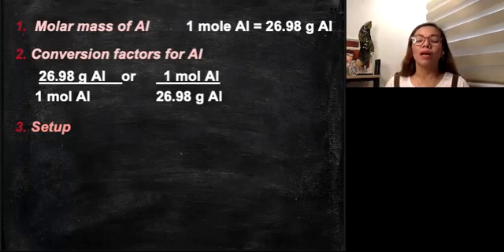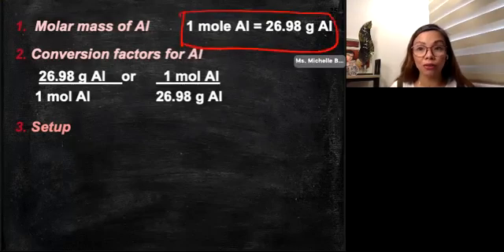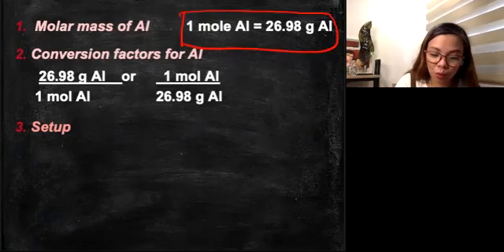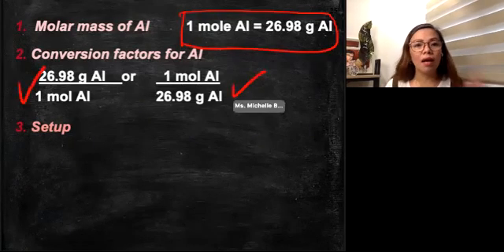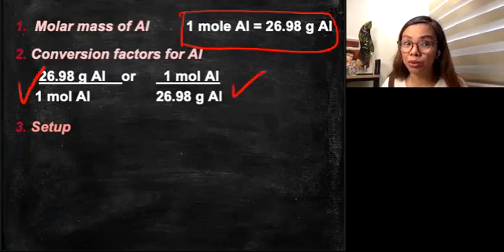Okay, so from this becomes our conversion factor, which can be written either way, this one or this one. Now, you have to decide which of the two you are going to use. Which of the two are you going to use?